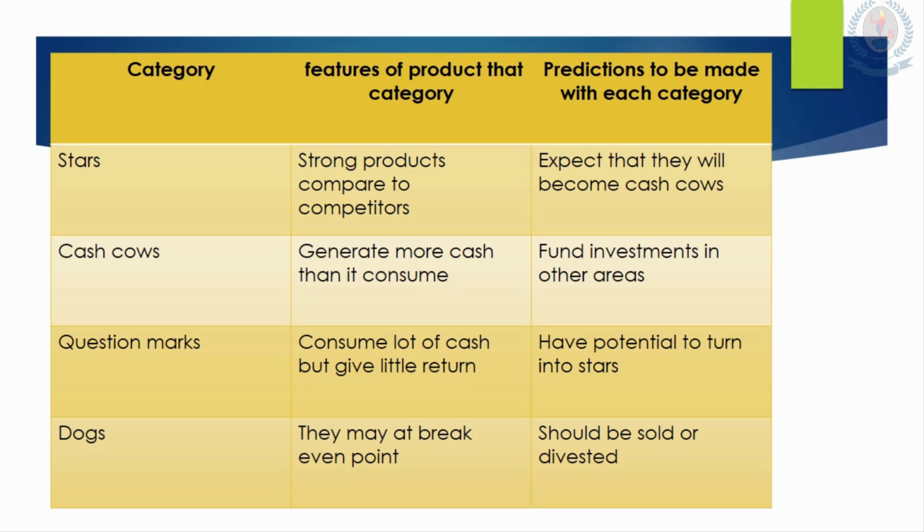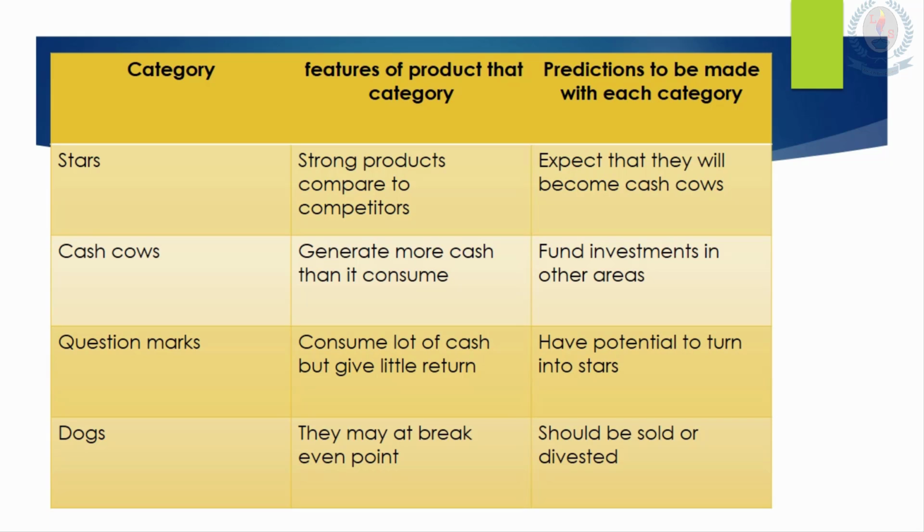Already the market growth rate of the products categorized under the question mark is high. If we can increase the relative market share, we can convert them into stars. And the final category, dogs.